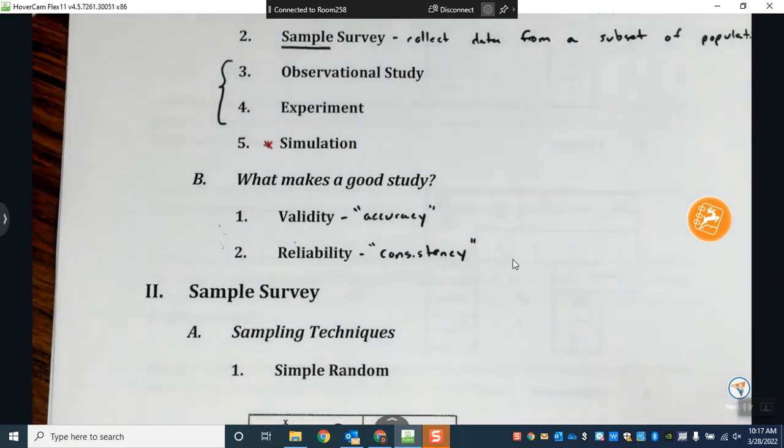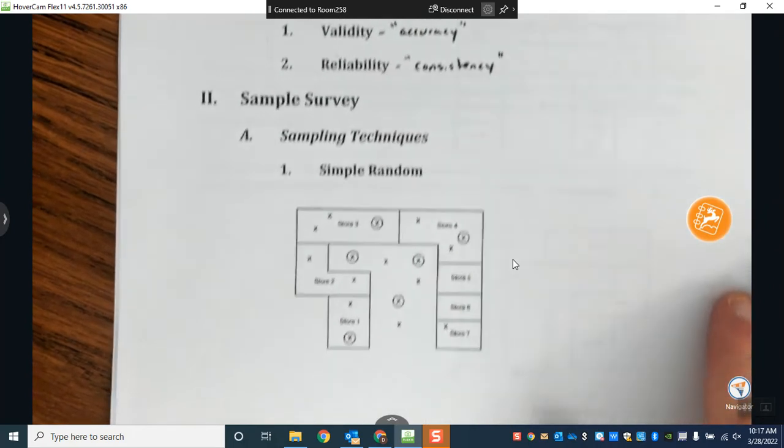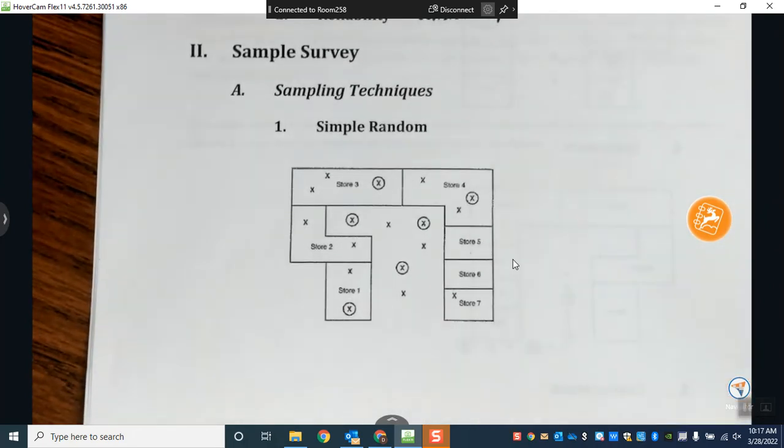Then let's get into different ways to conduct a random sample. We've had a lot of problems this year where they've said we went out and took a sample of things. So far this year we've just glazed over it and said we want it to be random, and that's all you cared about.